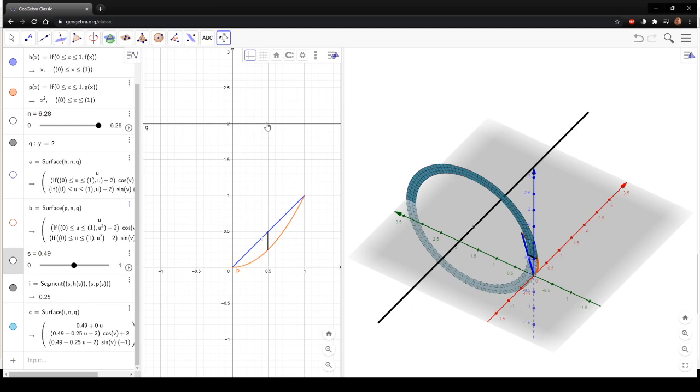So the outer radius is the distance from the axis of rotation to the farther end of the slice. The inner radius is the distance from the axis of rotation to the closer end of the slice. So the axis of rotation is at 2. So that means this distance, which is big R, is 2 minus this.